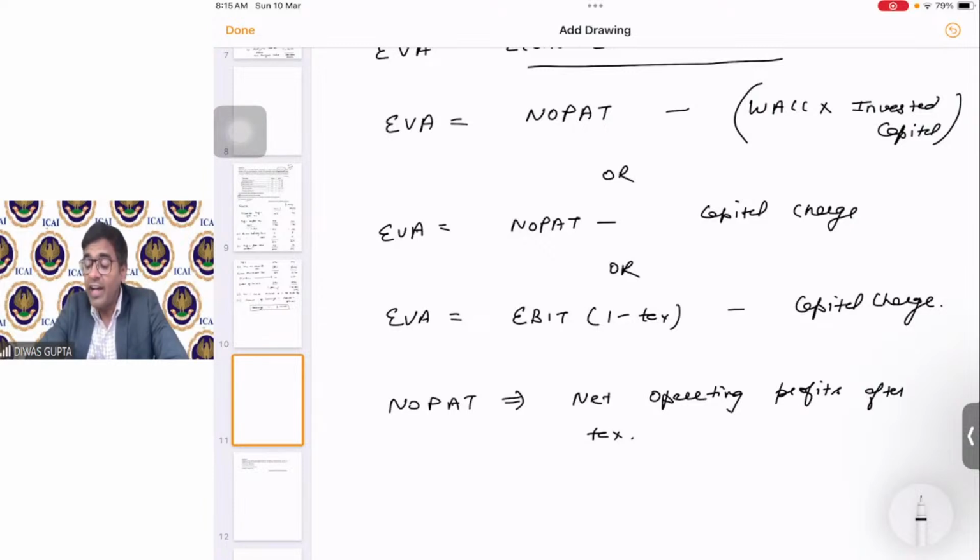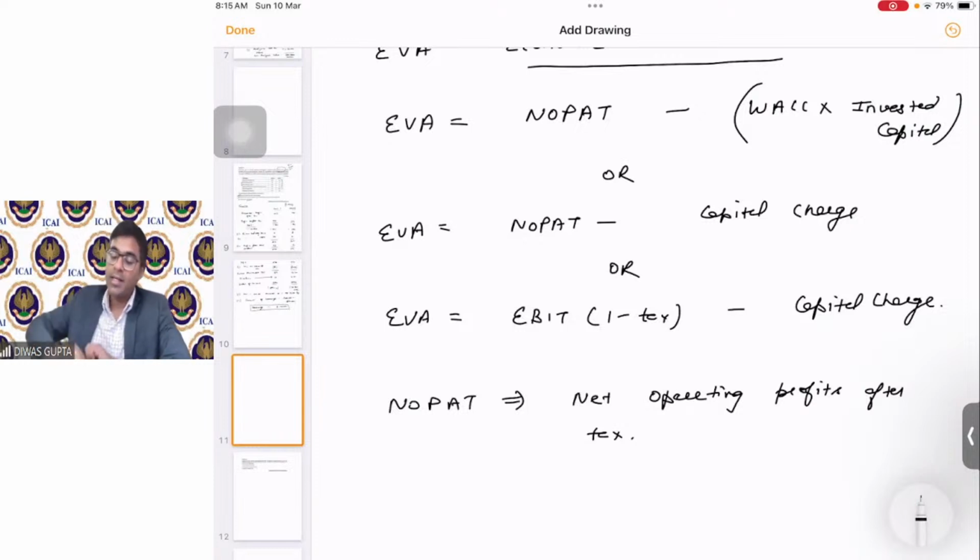Now, since WACC also includes the interest cost element, how? Because as I told you, WACC is the weighted average cost of capital, which includes cost of debt and cost of equity in a weighted average manner.